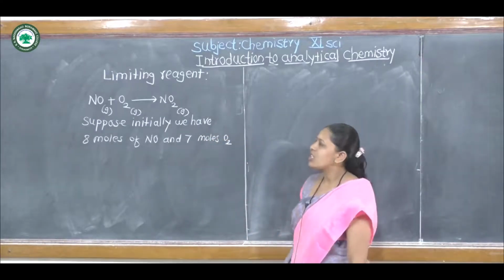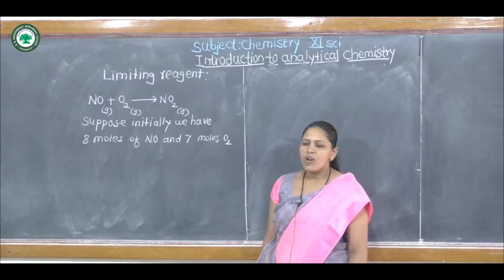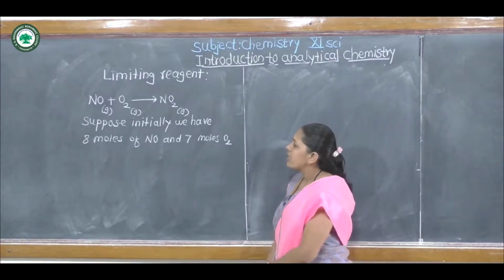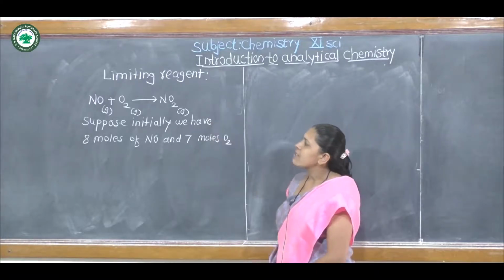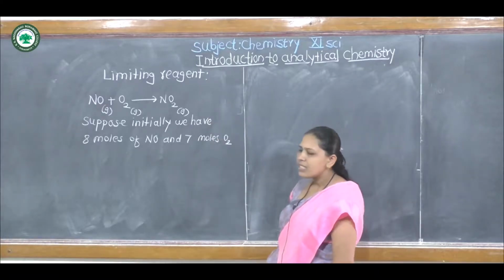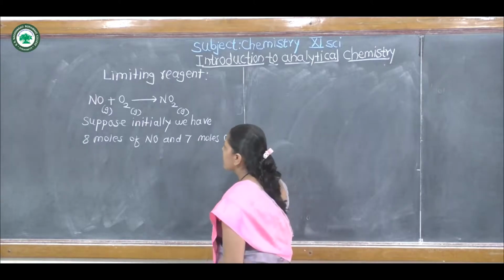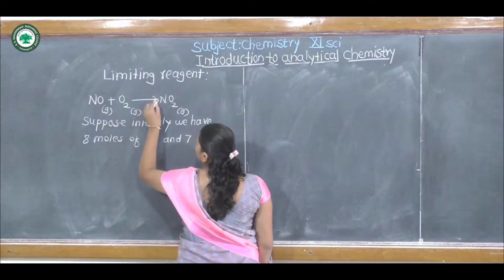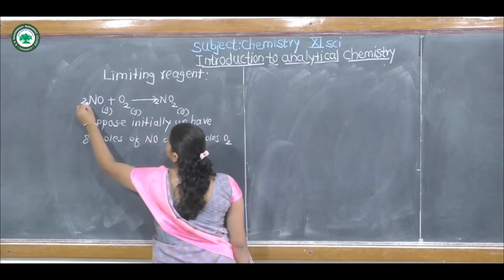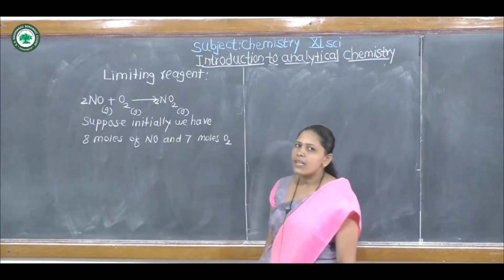Suppose initially we have 8 moles of nitrogen monoxide and 7 moles of oxygen, but here we have to balance the equation. This is balanced equation.